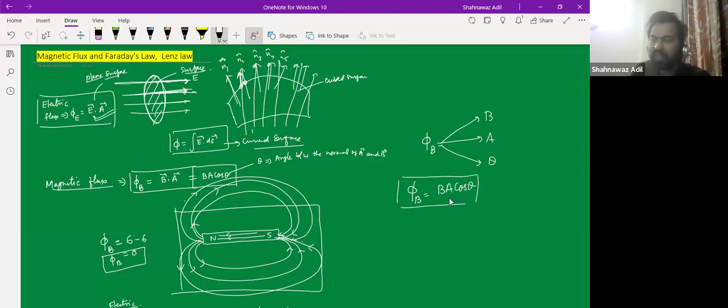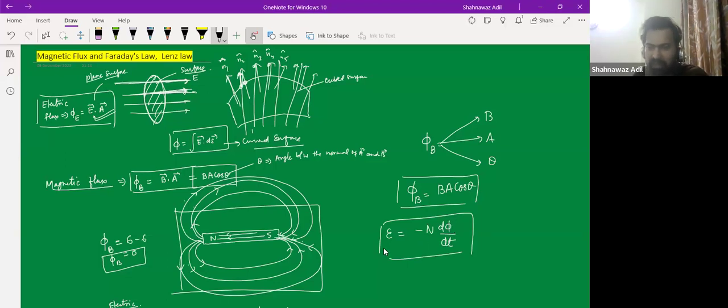And what does Faraday's law say? That if I change this flux, then there would be an induced EMF, and how much would that be? That would be minus n, let's say I have n turns, d phi by dt. So by changing the flux, I can change the induced EMF, right?